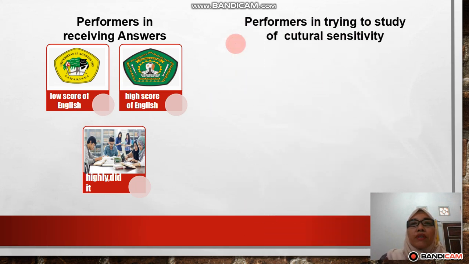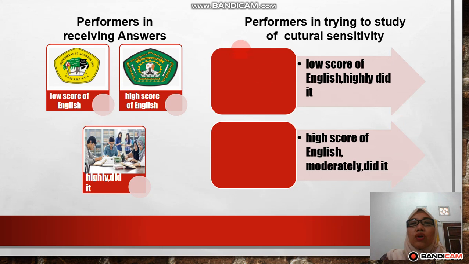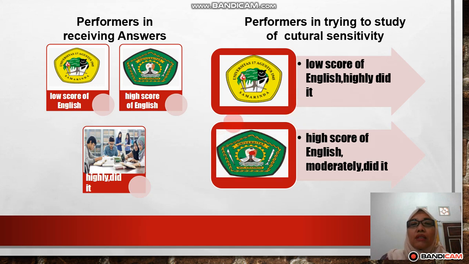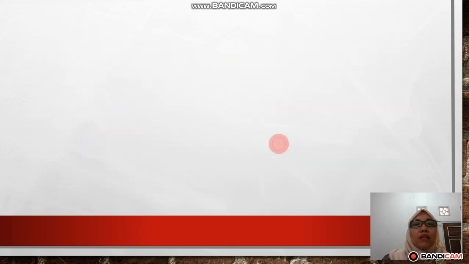And in trying to study cultural sensitivity, there is a different result. The low English score group, students from Untag, highly did it. The high English score group, students from Unmul, moderately did it. So all of them differ in their result.